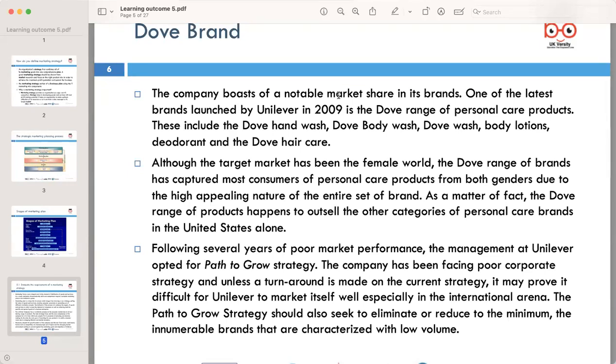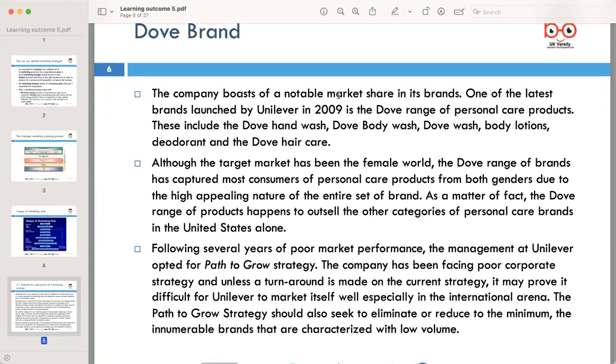I hope everybody knows about the Dove brand. While the target market was initially females, the Dove brand has attracted consumers of personal care products from both genders due to its universal appeal. In fact, the Dove range outsells other categories of personal care brands in the United States.